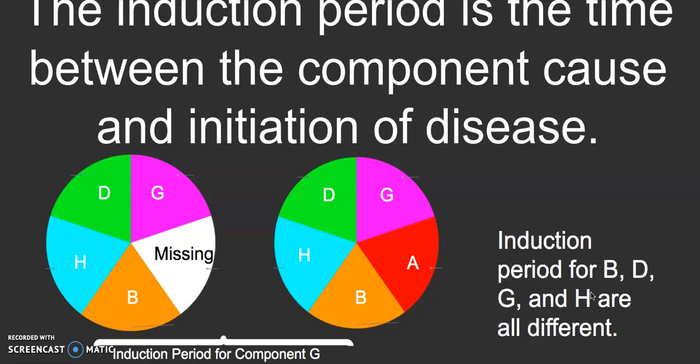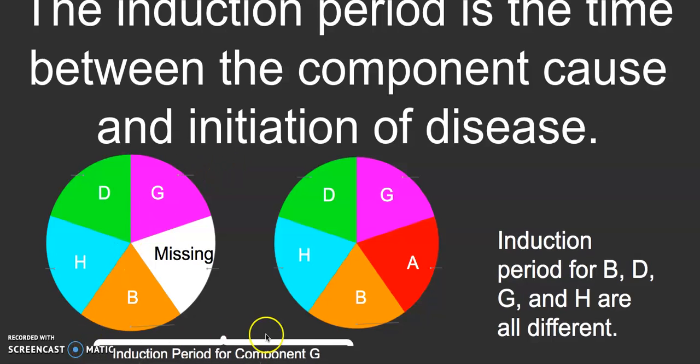We can also talk about induction period and latency periods. So induction period is the time between a component cause happening and the initiation of disease. So say here we're talking about back to our man on the ice, and most of the things that are in place have already happened. And then G is that he has this degenerative back disease. And so he developed it in his 30s, say he's 40 now.